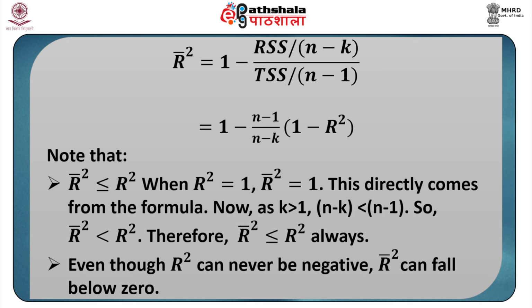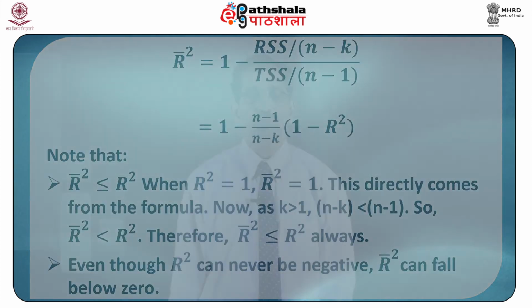Now, as k is greater than 1, n minus k is less than n minus 1, so R bar square is less than R square. Therefore, R bar square is less than or equal to R square always. Even though R square can never be negative, R bar square can fall below 0.